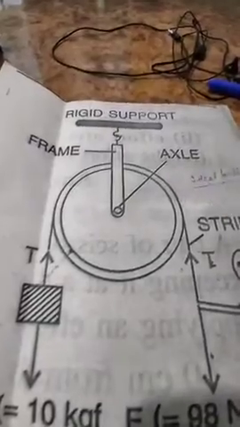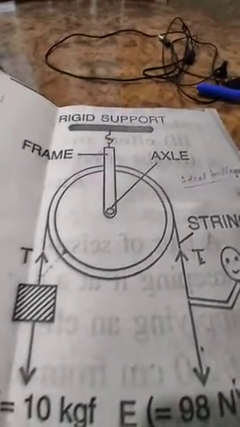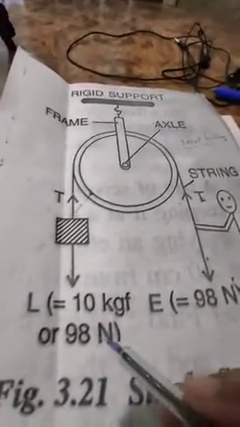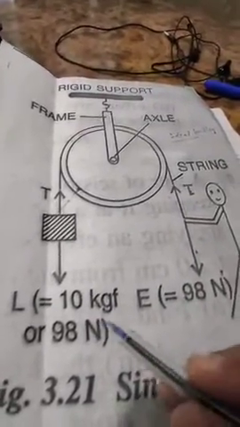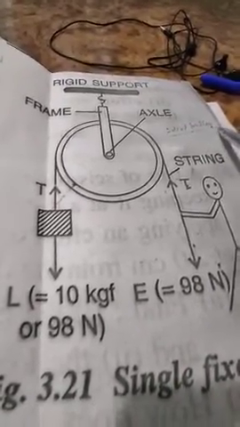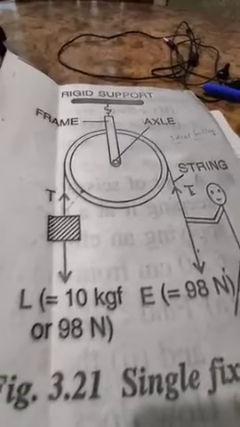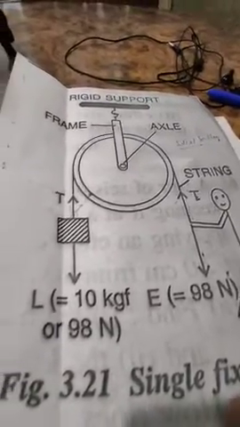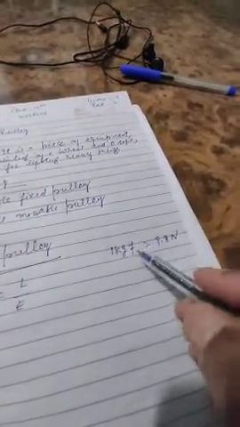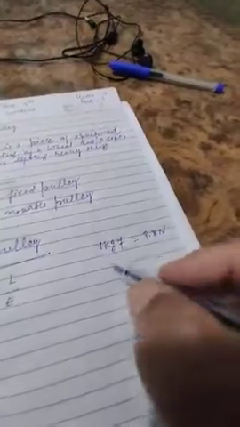So we are just discussing the ideal case of this machine, the pulley. Here the load is taken as 10 kgf, because in the absence of any other force we are just taking the force of gravity, and we know that 1 kgf is equal to 9.8 Newton.